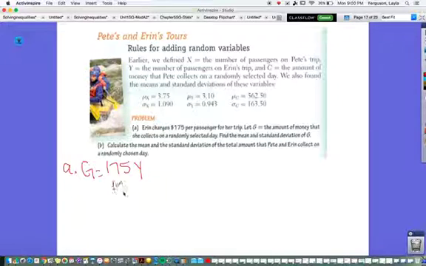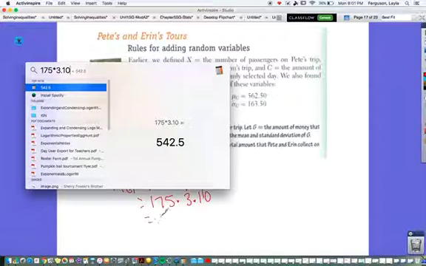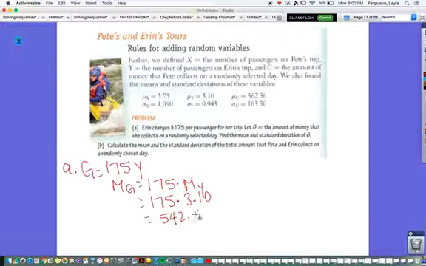If I wanted to find the mean for G, I took my random variable Y and multiplied it by 175. Because I multiplied it, I would say 175 times the mean for Y. I use Y because that was the random variable I used in the equation I wrote for G. So 175 times the mean of Y, which is 3.10, gives me 542.5.